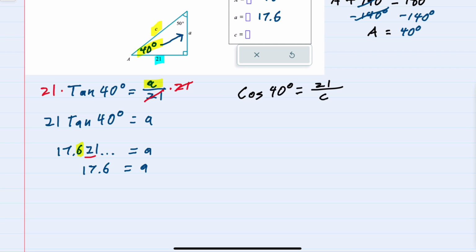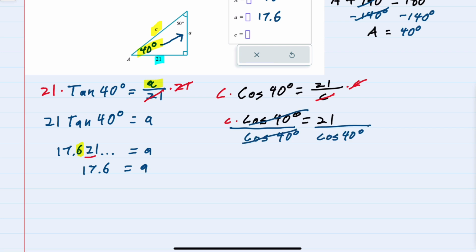We can solve for c by first multiplying both sides by c to remove the c from the denominator. And then to finish solving for c, I would divide both sides by the cosine of 40. This will cancel, leaving me c equals 21 divided by the cosine of 40.